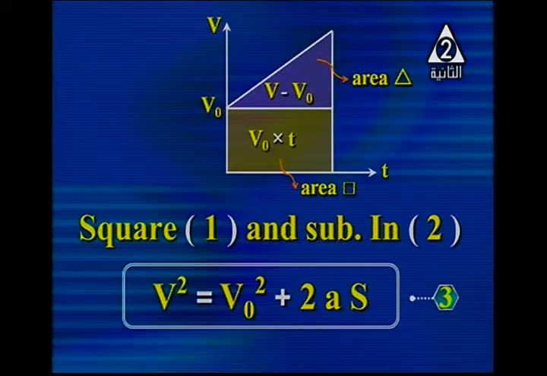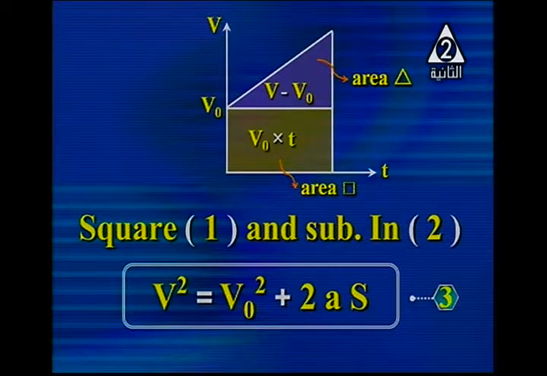Why? Because this is the relation between two velocities. We have initial velocity, maximum velocity, and acceleration A. After that, we are given that S is the distance the particle covers from A to B. This rule is very important to find the final velocity.